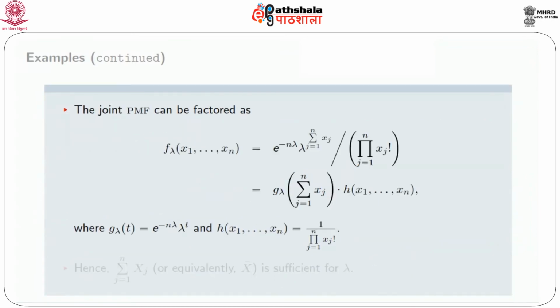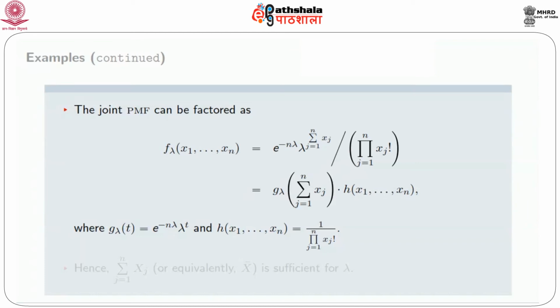Now the joint PMF can be factorized as f_lambda(x1, x2, ..., xn) equals e to the power minus n lambda into lambda to the power summation j from 1 to n xj divided by product j from 1 to n xj factorial. The first part can be written as a function of summation xj and we write this as g_lambda(summation xj), and the second part is independent of lambda and we write it as h(x1, x2, ..., xn).